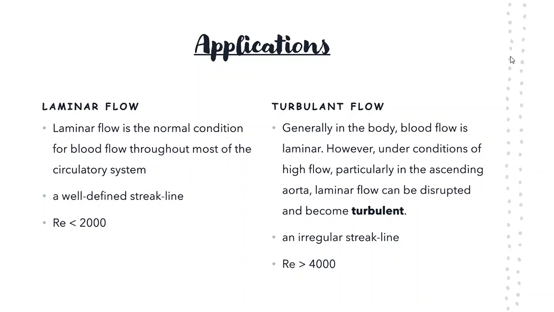Such flow is said to be a mixture of laminar and turbulent flow, which is also defined as transitional flow, where different types of flows, laminar and turbulent, occur together.